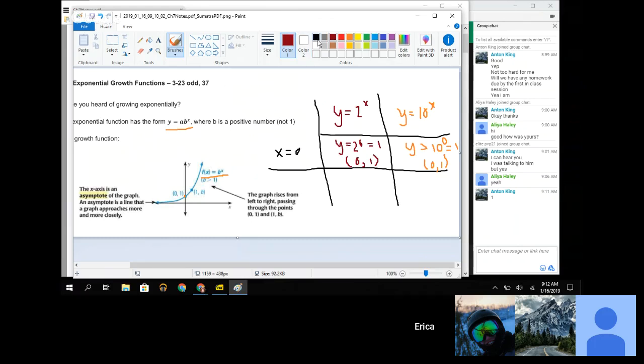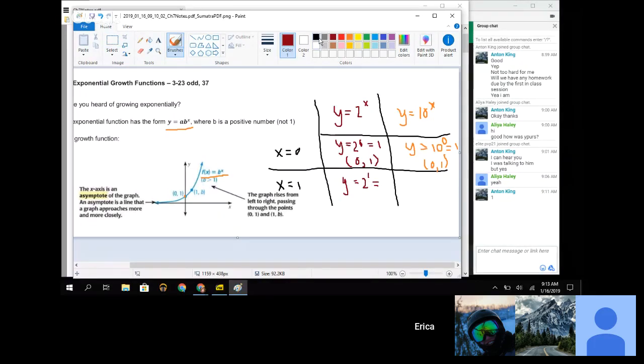The second interesting point that we want to understand is, when x equals 1, what happens? Okay, so that would be y equals, I'm rusty on my computer writing skills, 2 to the first power.